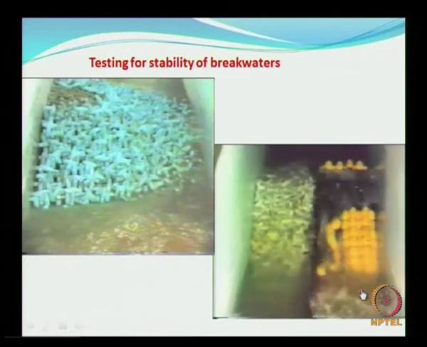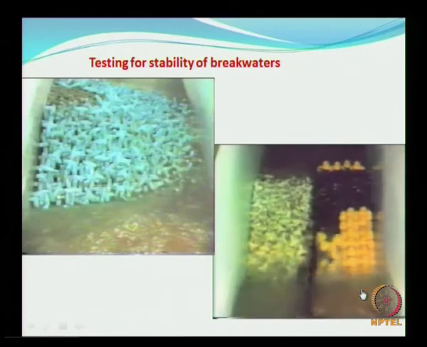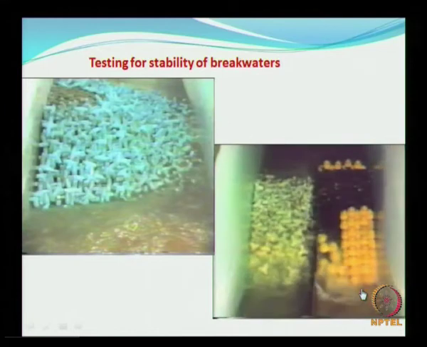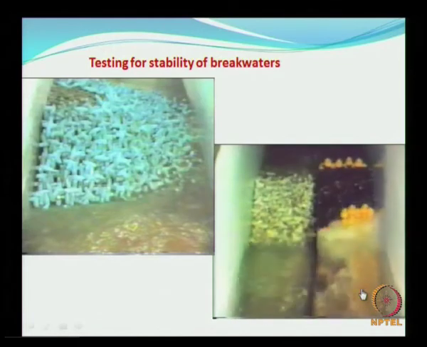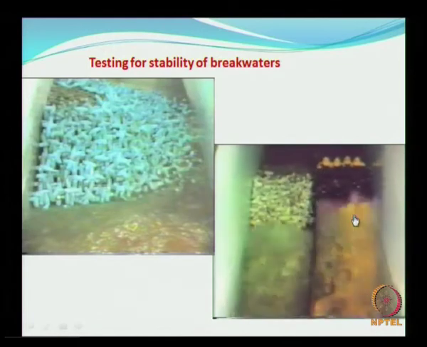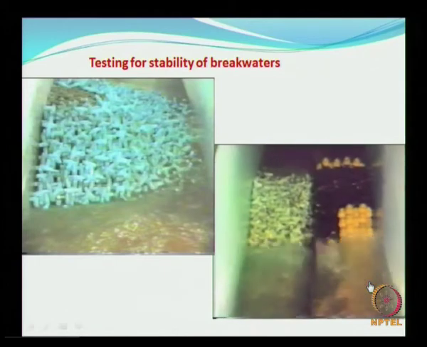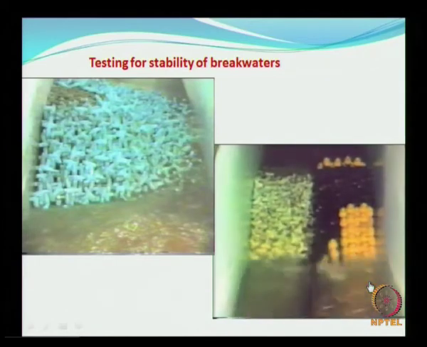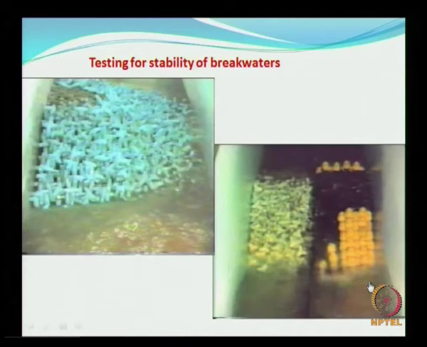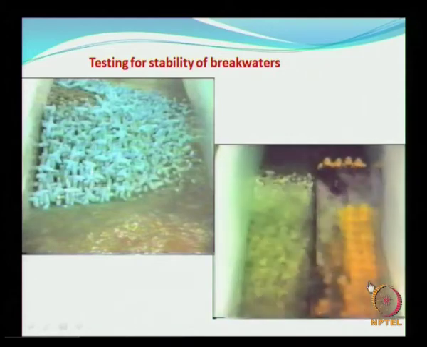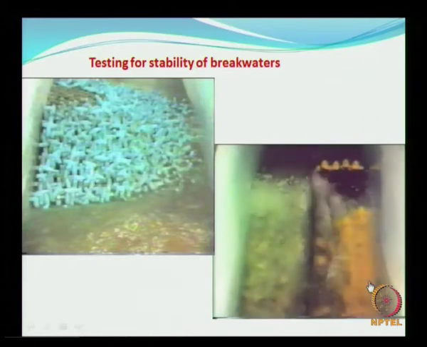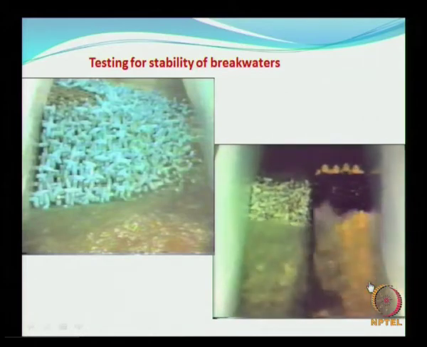If the armor layer does not have the interlocking capacity, and if one stone gives way, you see the whole armor layer can collapse. Such information can be obtained only through physical model tests, and you cannot really go in for numerical models for such information.